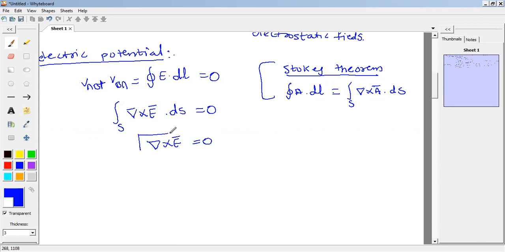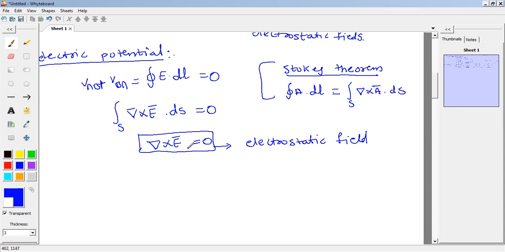This is the second Maxwell's equation for the electrostatic field. Here del cross E is equal to 0 is the second Maxwell's equation for the electrostatic field.